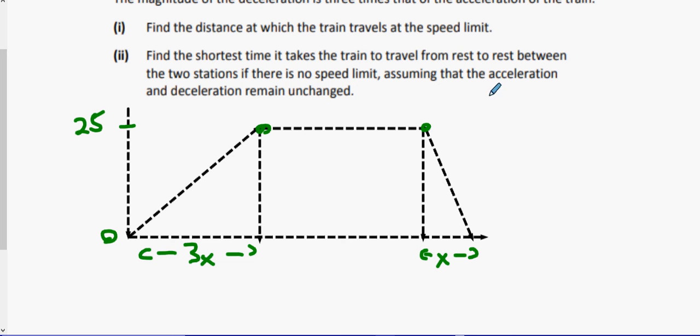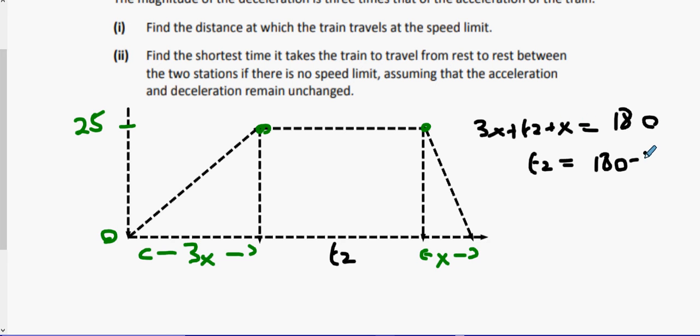Now all the times added together add up to 180. We call the middle time t2. So 3x plus t2 plus x equals 180, which means t2 equals 180 minus 4x. Next, the area under the graph is the total distance, and the total distance is 3,600 meters.